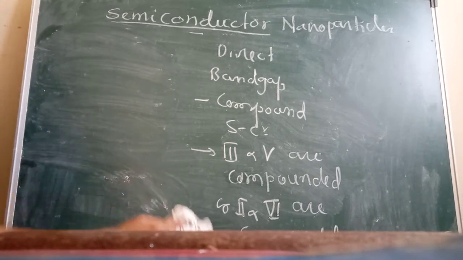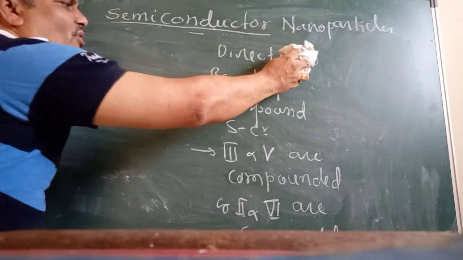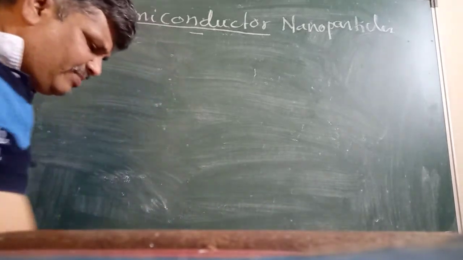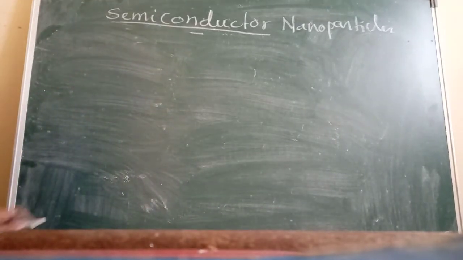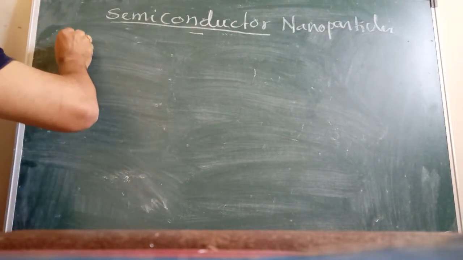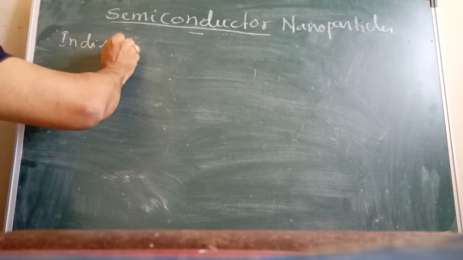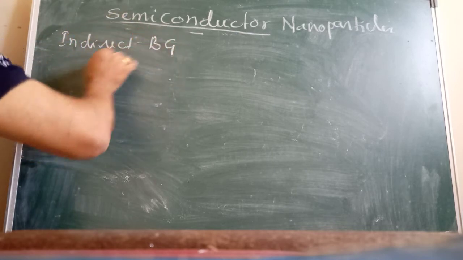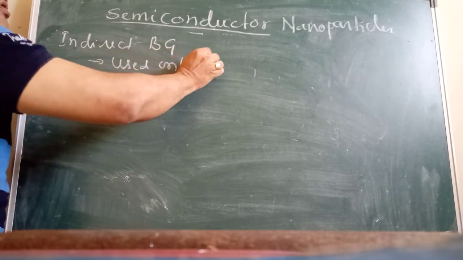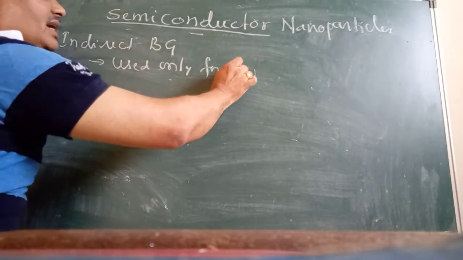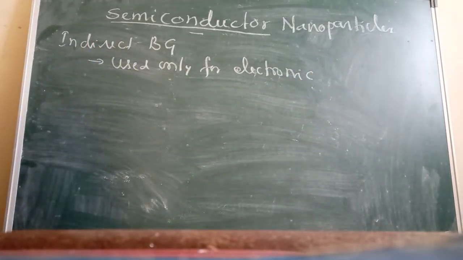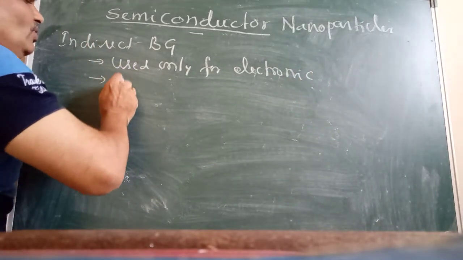The importance of direct bandgap semiconductors is that indirect bandgap semiconductors are useful only for electronic properties, and in some cases photovoltaics.